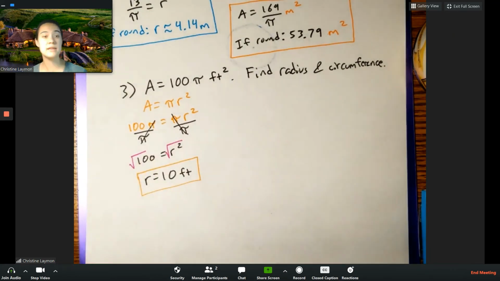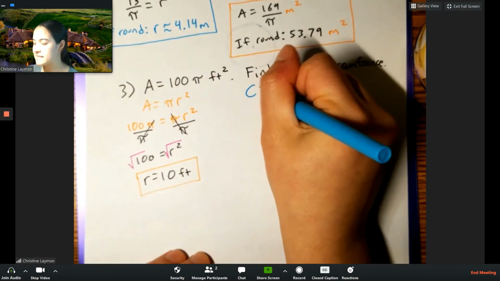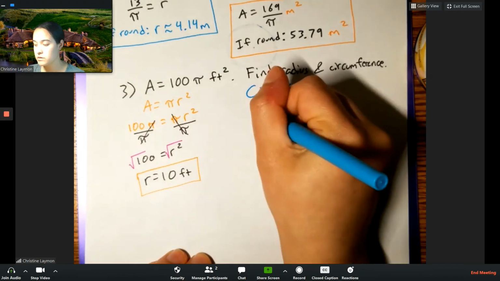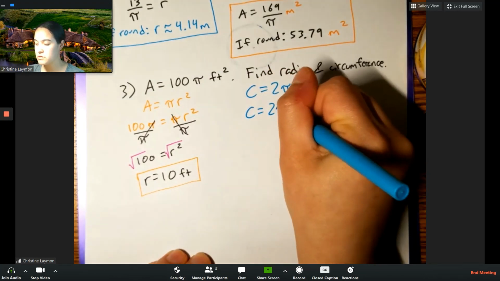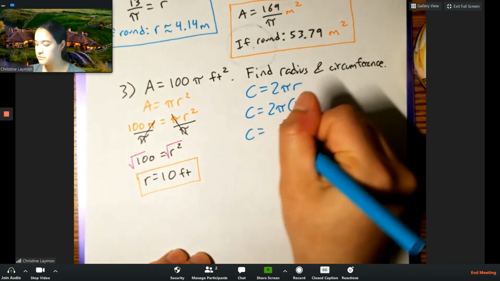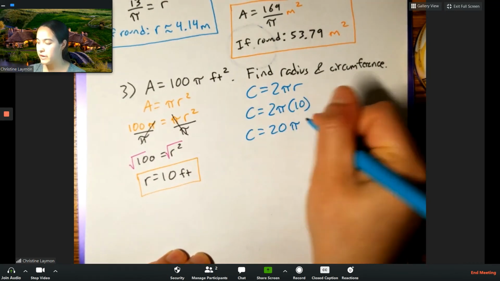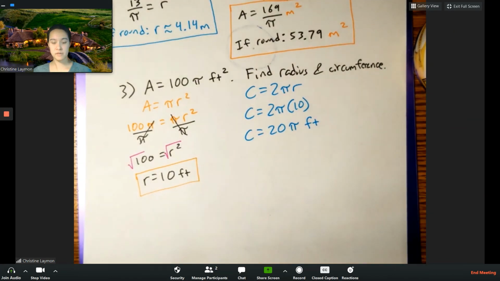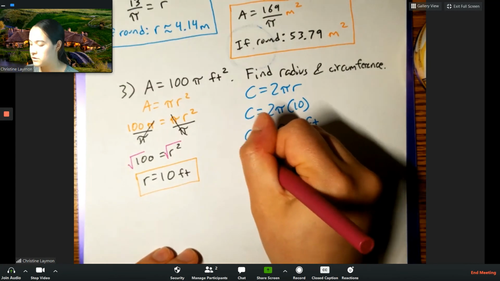Let's go ahead now and find circumference. Remember that c equals 2 pi r. So c equals 2 times pi times 10. So C equals 20 pi, and this is in feet. And if you wish to round, so again, let's make a note.